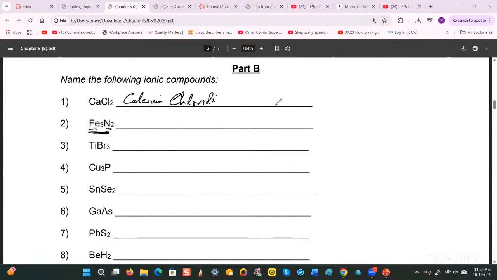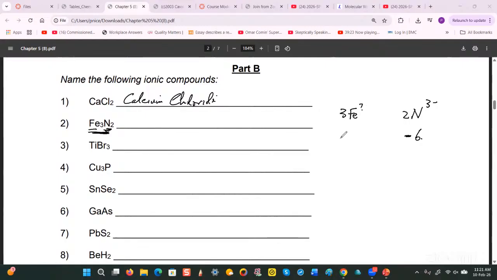The key to answering that question is to look at the charges carried by the two nitride ions. If you consult the table again, you see that the nitride ion carries a 3 minus charge. And because there are two of them, the total charge carried by the two nitride ions would be -6. Now here, you have 3 iron ions.